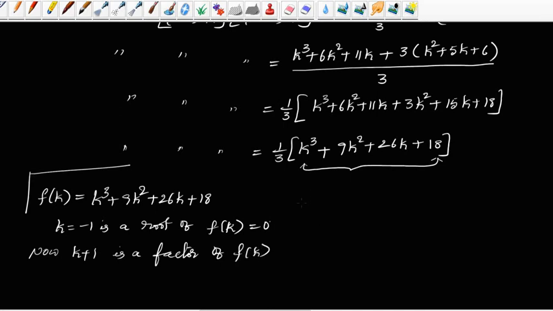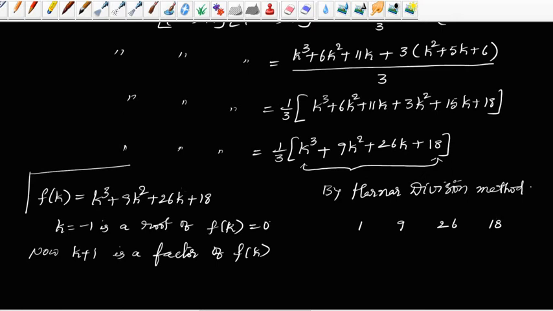So by the division algorithm theorem, by the Horner division method, we have to arrange the descending power of f of k. We should write only the coefficients. So k cube coefficient 1, k square coefficient 9, 26, 18.